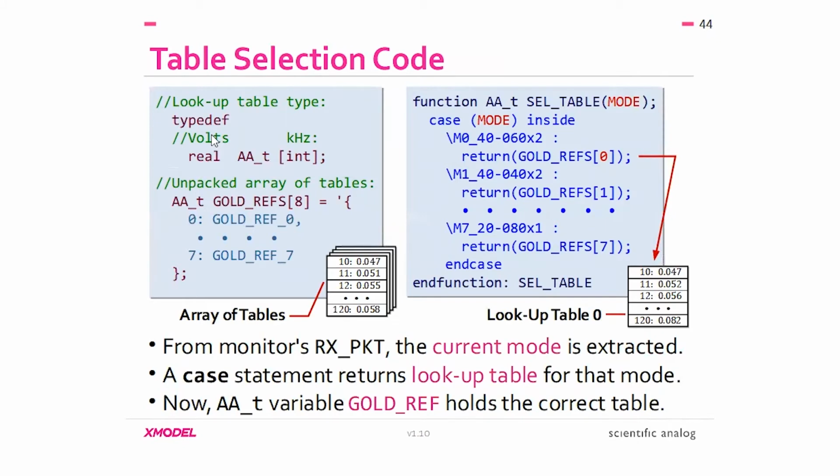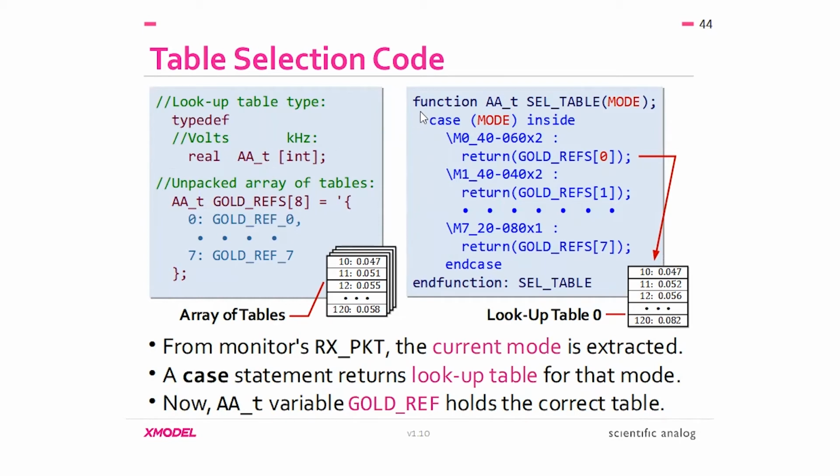As far back as Verilog 2K, the language began to support arrays, unpacked arrays, whose elements could be of any data type. And so here we have an array named goldrefs, plural, consisting of 8 lookup tables. Each lookup table, as we'll see, is typed as an associative array.